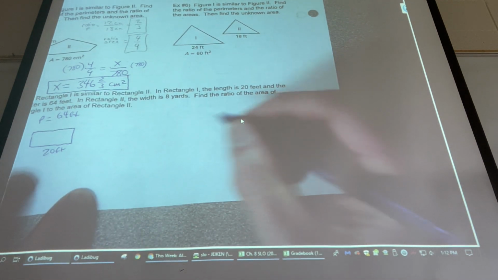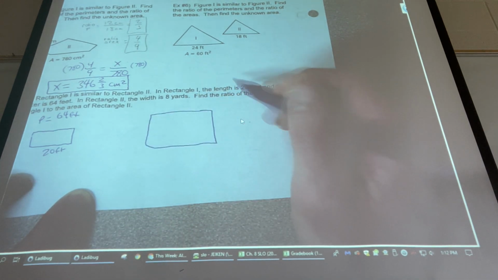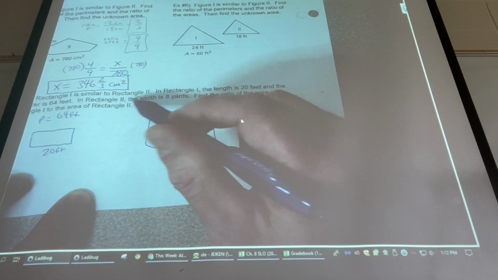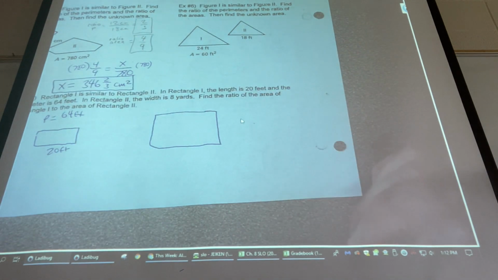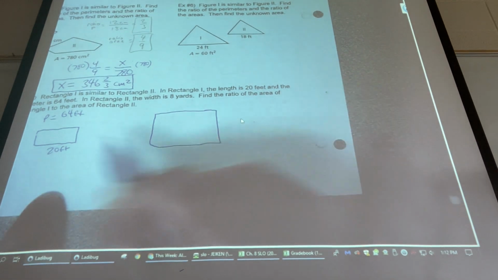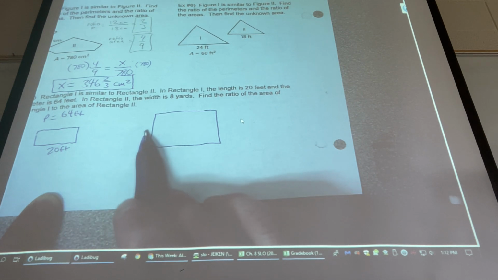Then it says rectangle 2. The width is 8 yards. Oh, this was our length, wasn't it, on the other one? So width, I'm going to have to make the other.